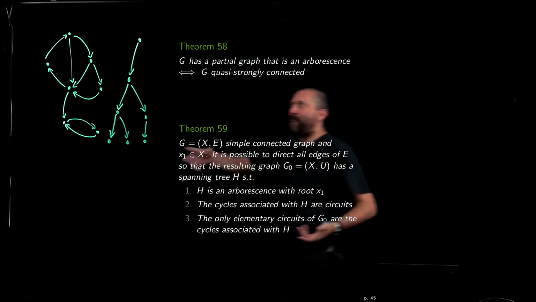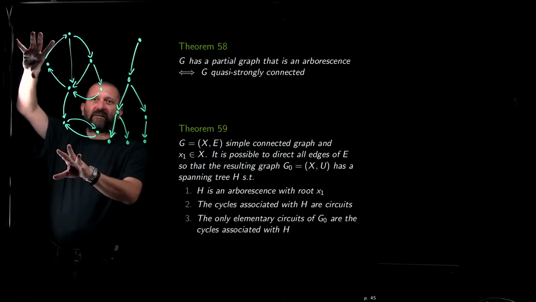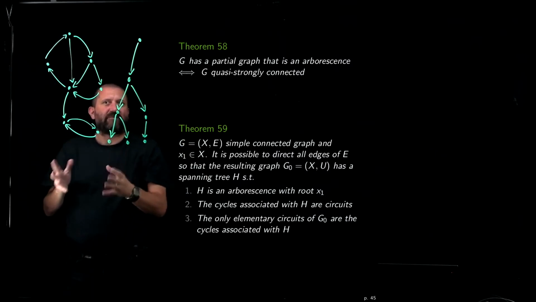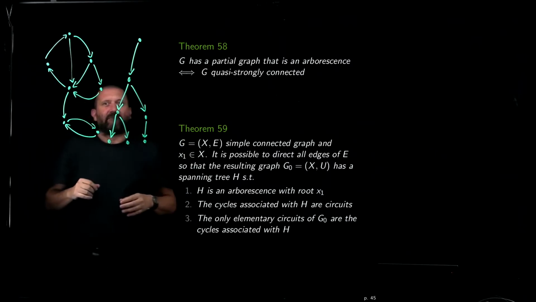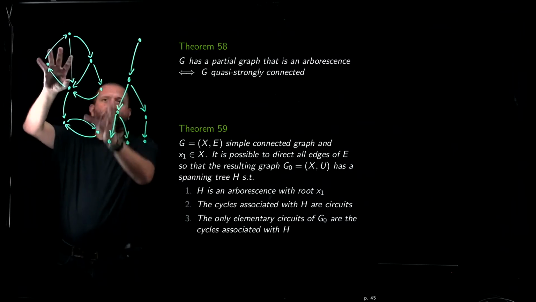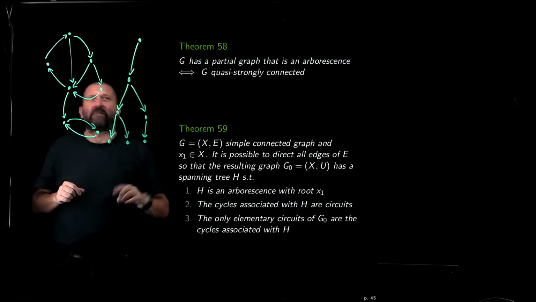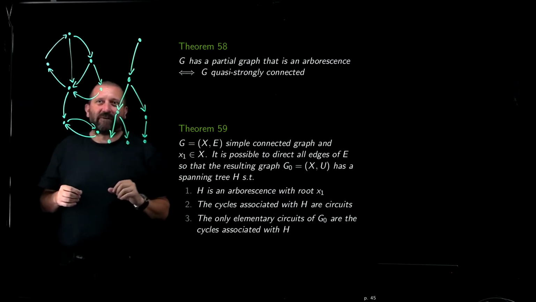So what this theorem says is that for this graph, which is quasi-strongly connected, there's a way for me to decompose it in such a way that what I have is something resembling this.